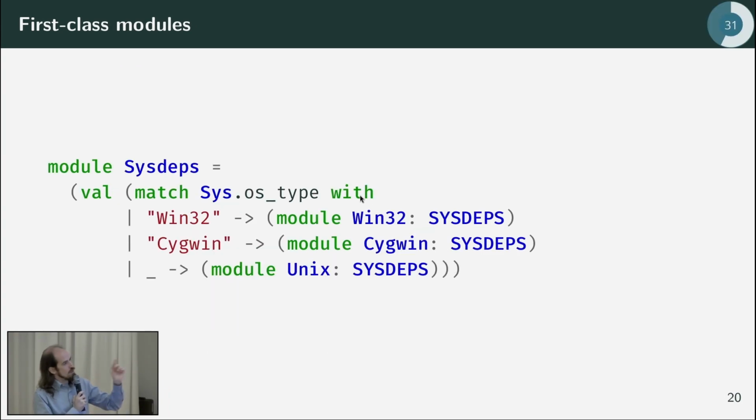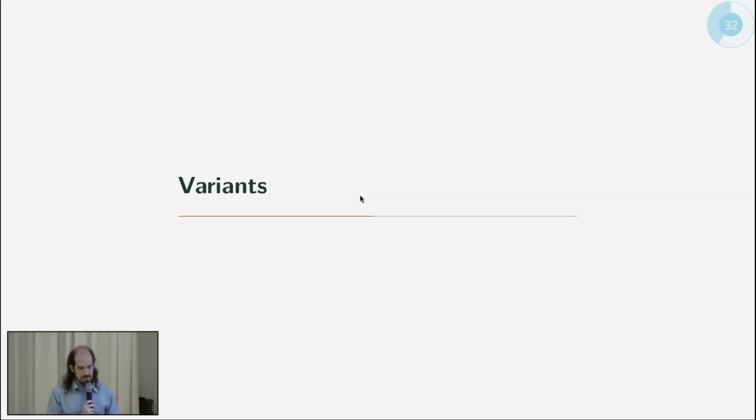But I think there is a single use of first-class modules in the compiler, and it is to switch the implementation of one module between the Windows version and the Unix version, which is a nice way because you have this function that is evaluated at runtime and which allows you to switch a module implementation. So we are done with the product type side.